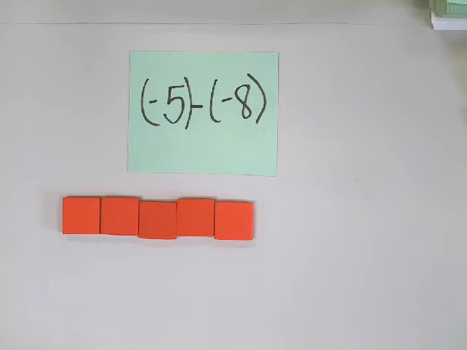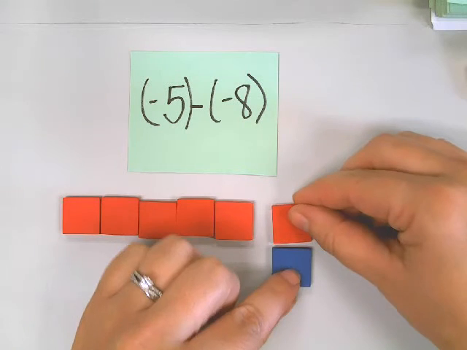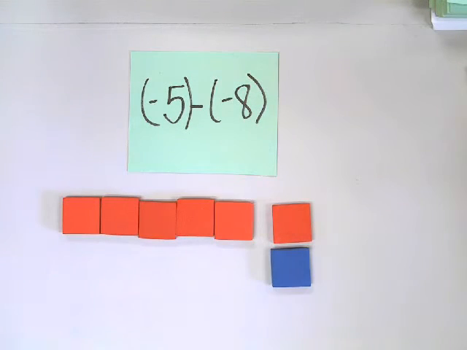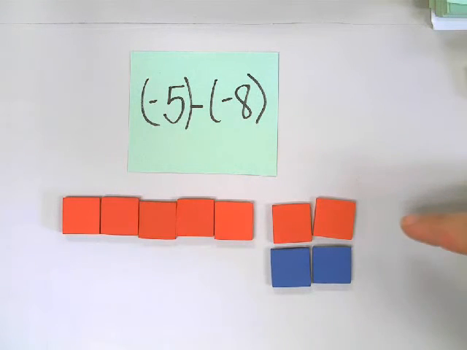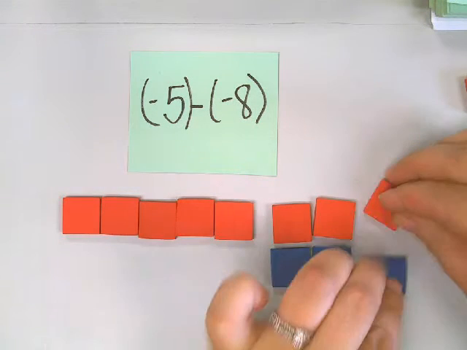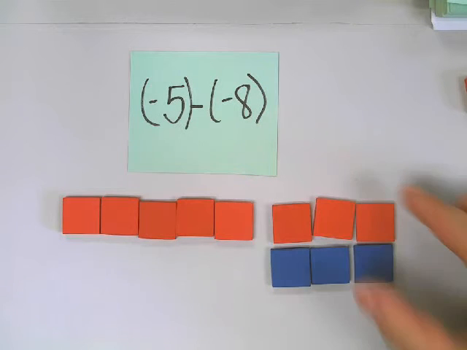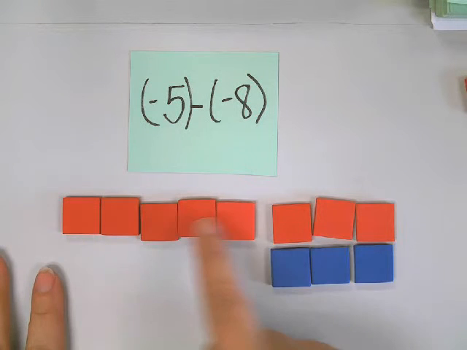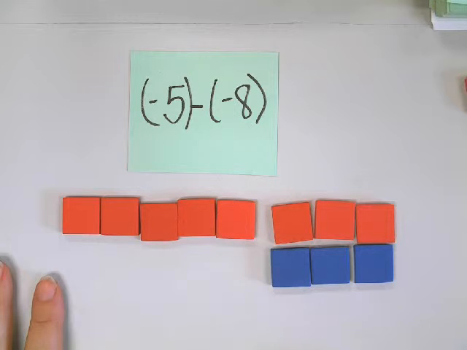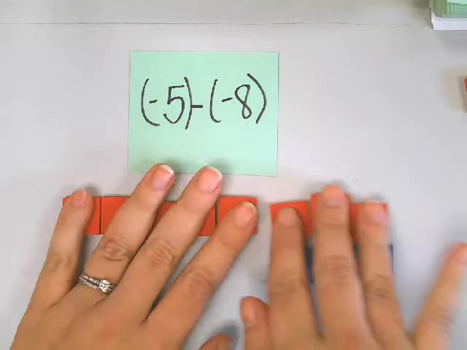So I need to add some 0 pairs until I have 8 negatives to take away. So there's 1 0 pair. I still don't have 8. Here's another 0 pair. I have 7 negatives, but not 8. So I need to keep adding. And 1 more 0 pair. There we go. So now I have 1, 2, 3, 4, 5, 6, 7, 8 negatives I can take away.